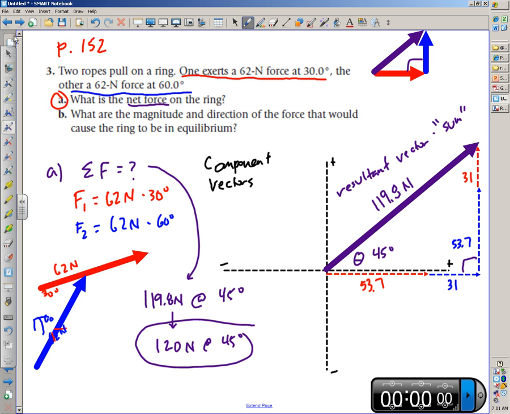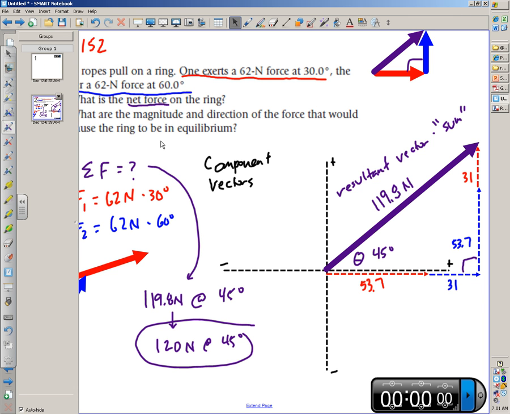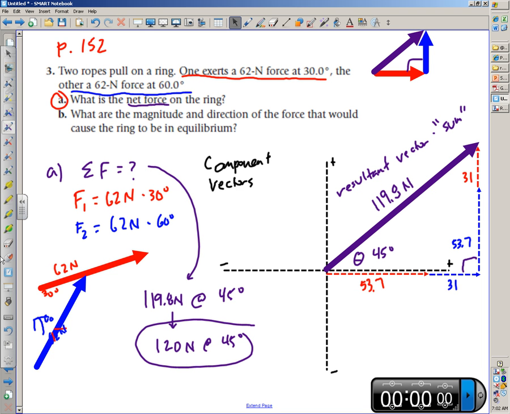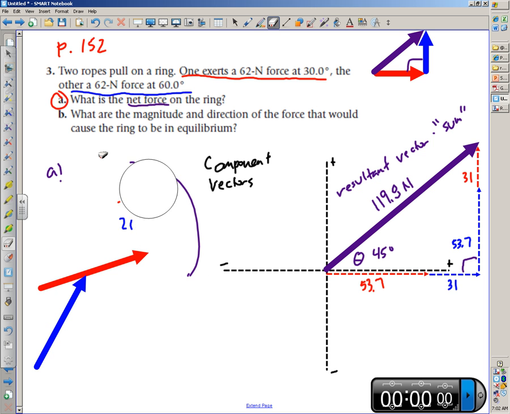Okay, so, I am going to take this and keep some of the things that we did and get rid of some of the things that we did. So first, I am going to get rid of all this and say that we know that the net force is equal to 119.8 newtons at 45 degrees.